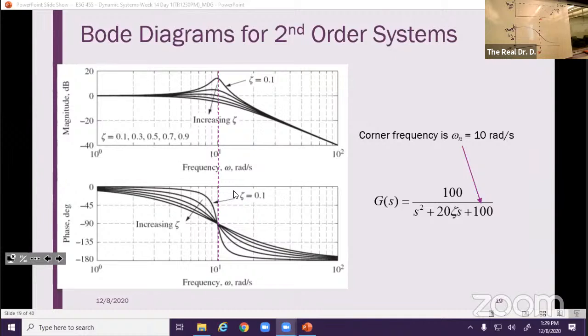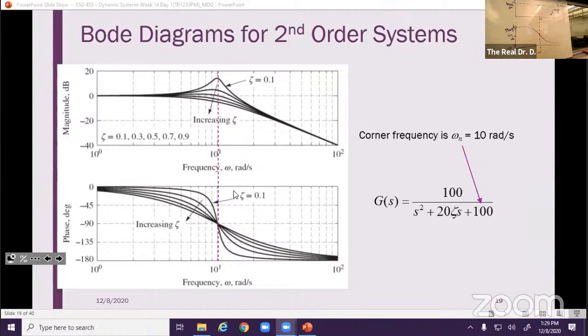What about phase angle? Well, the steeper the transition, the lower the damping ratio. So at a low damping ratio, you will maintain your phase for longer, and then all of a sudden it will drop off very quickly. At zeta of 0.1 here, you're holding pretty steady. You're still decreasing, but you don't hit minus 45 until almost 100 radians per second.